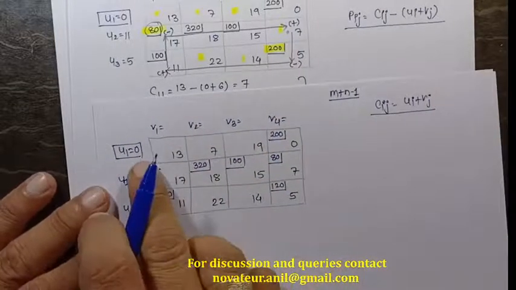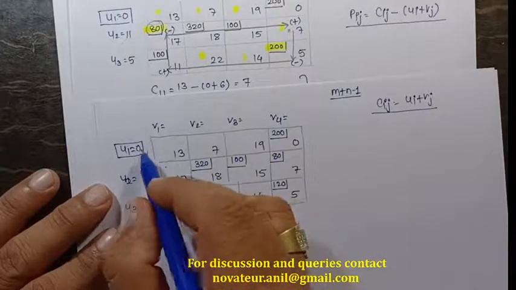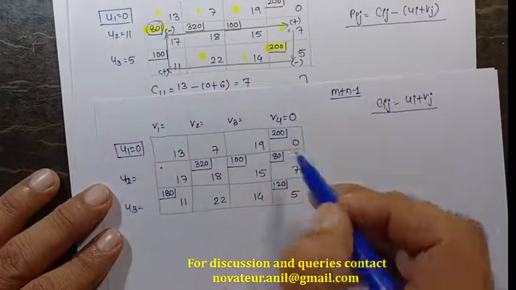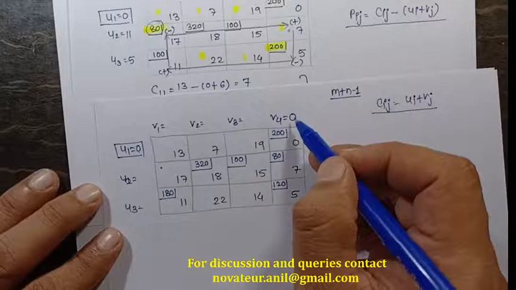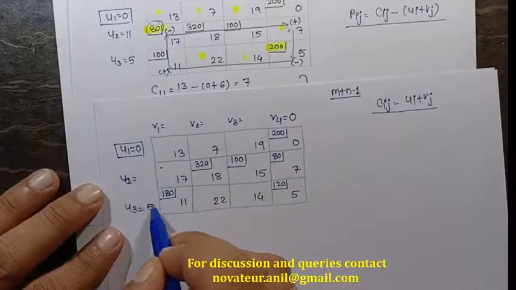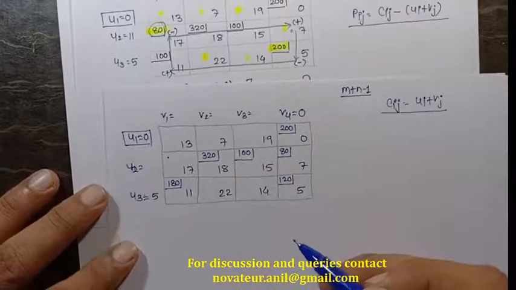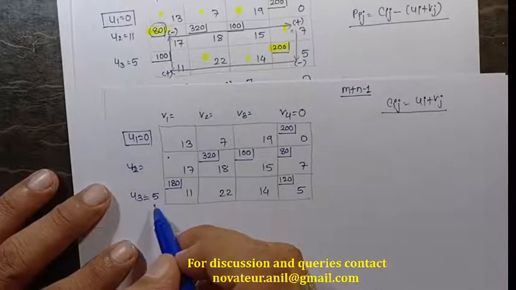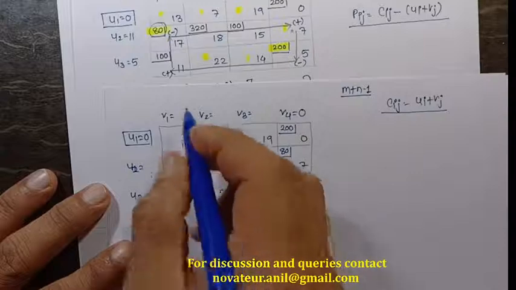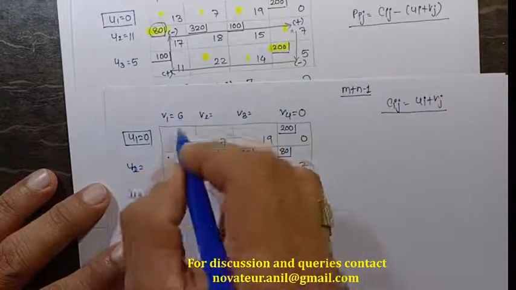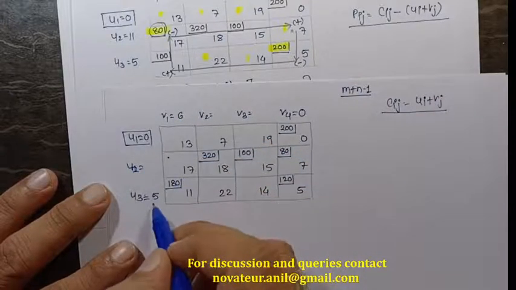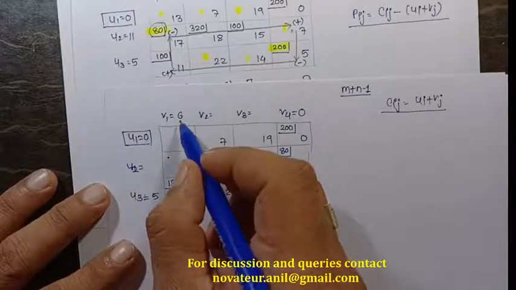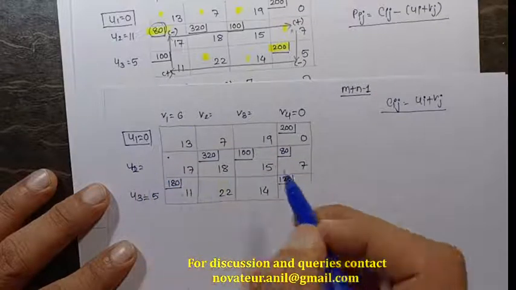So here 0, here 0, so 0 plus 0 is equal to 0, then 0 plus something is equal to 5, so that is 5, then 5 plus something is equal to 11, so 6, 5 plus 6 is equal to 11, then this is 6, this is unknown.